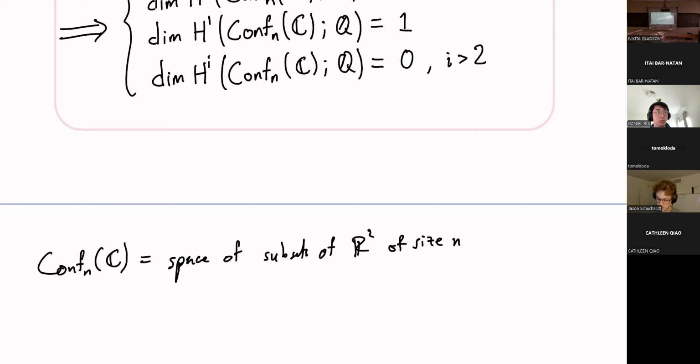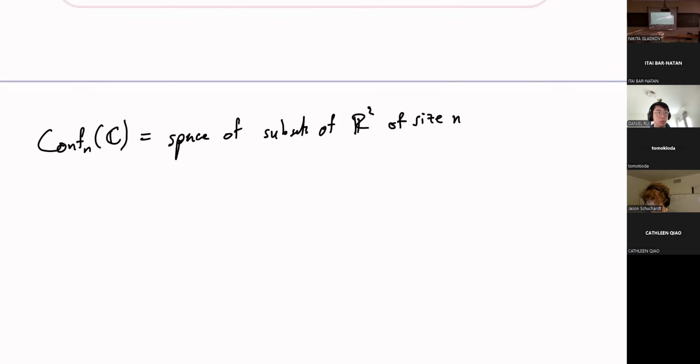In other words, it's the space of possible configurations of n points inside the plane. And pi_1 of this space is the braid group on n letters.